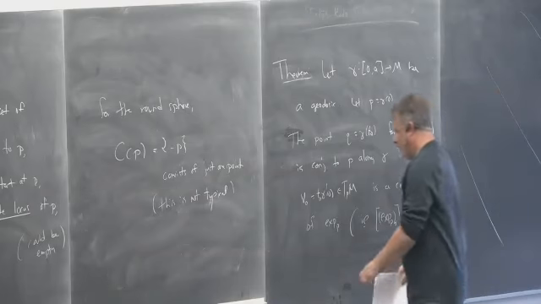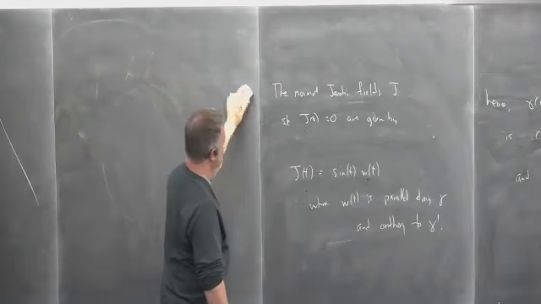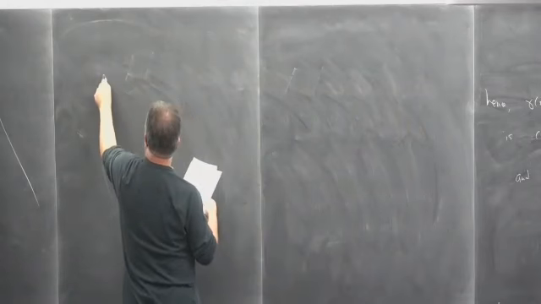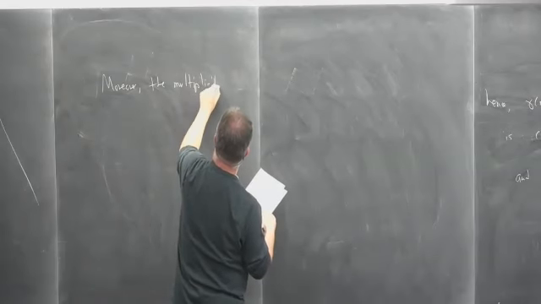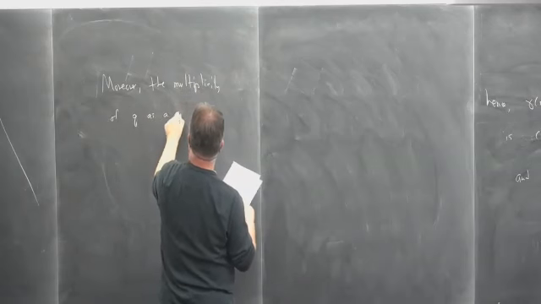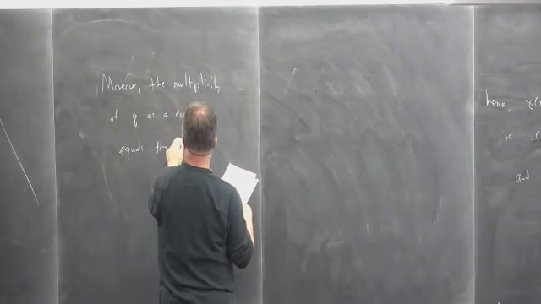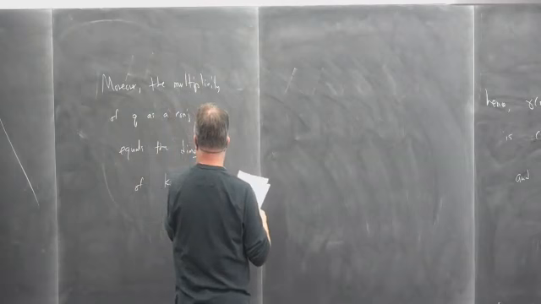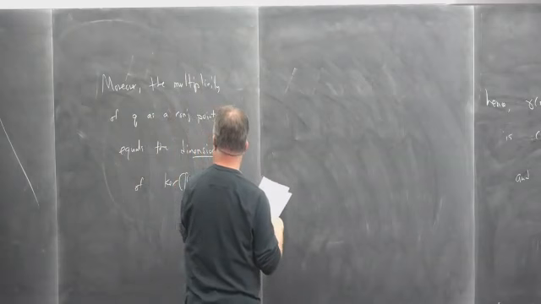In other words, the points where the exponential map fails to be a local diffeomorphism by the inverse function theorem are exactly conjugate points to geodesics emanating at P. Moreover, before we prove it, the multiplicity of Q as a conjugate point equals the dimension of the kernel of XP star at T naught gamma prime 0.